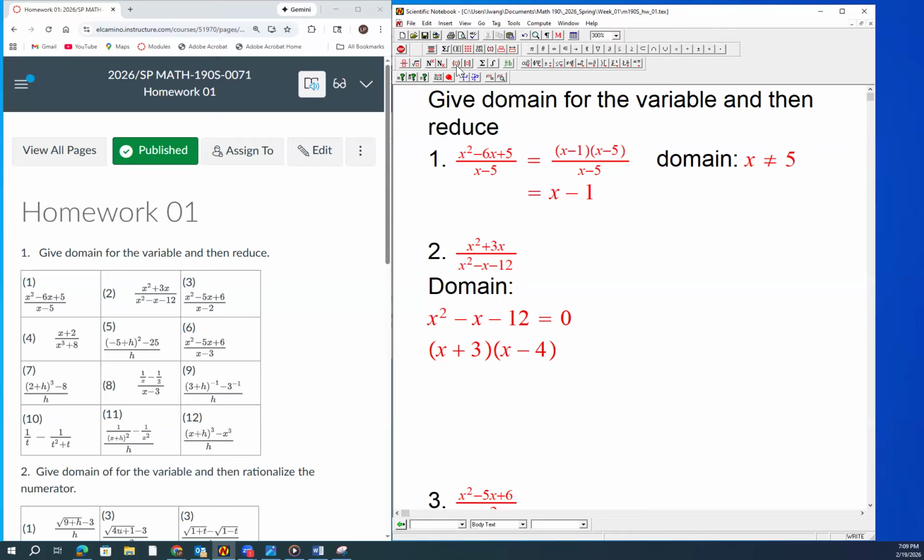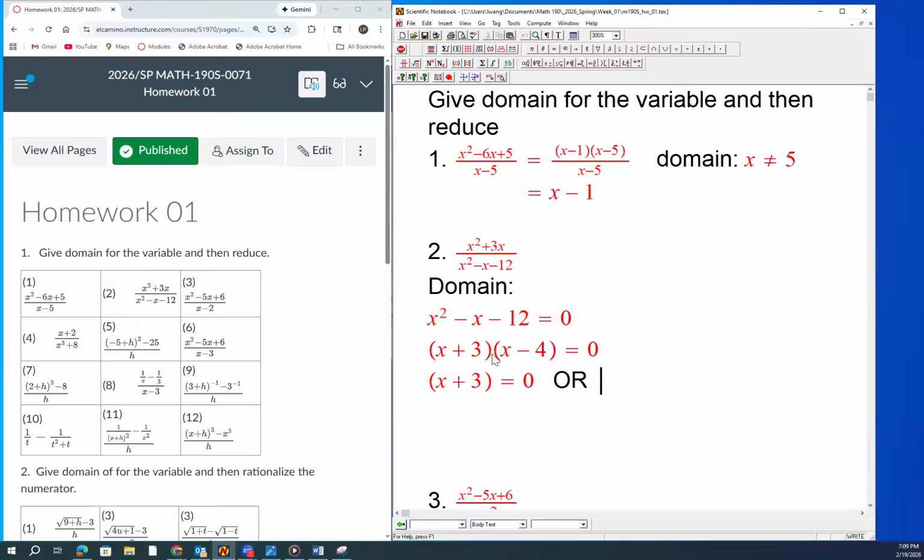Please follow me on these steps, and afterwards try to do it by yourself. And then we use principle number 5, right? We have two numbers in the product, so either a equals 0 or b equals 0.